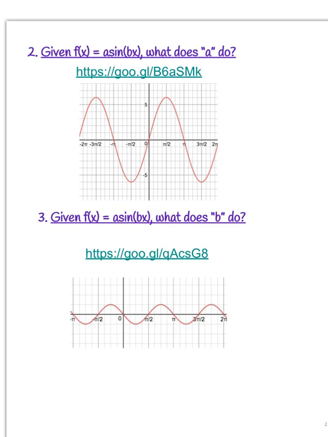Okay, so we can transform sine and cosine graphs. In this exercise, you're going to actually need your computer, and we want to see what does the A do in front of the graph and what does the B do. I want you to think about when I had x squared versus y equals 3x squared, what happened?